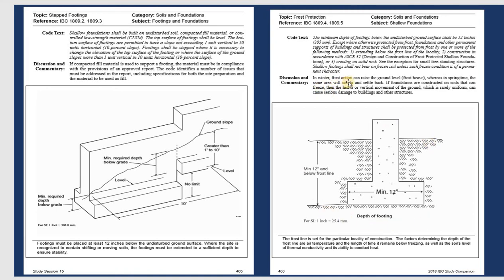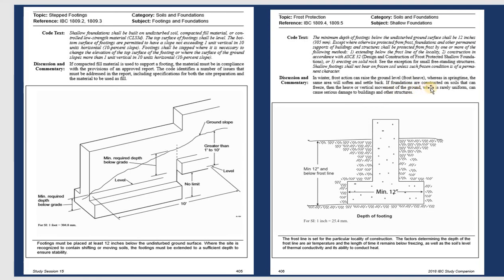So in the winter, the frost action can raise the ground level. So this is the frost line. In the winter it can be raised higher, and in the springtime the same area softens and settles back.